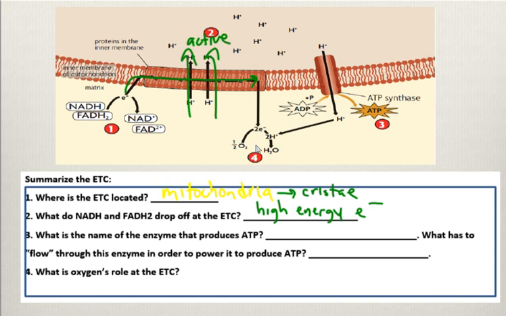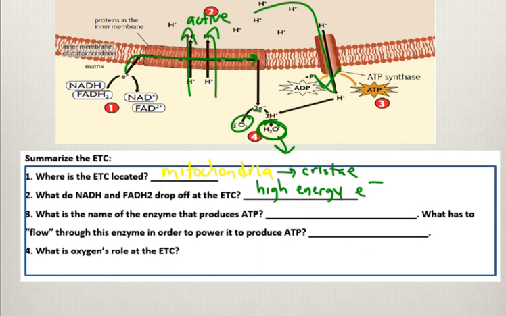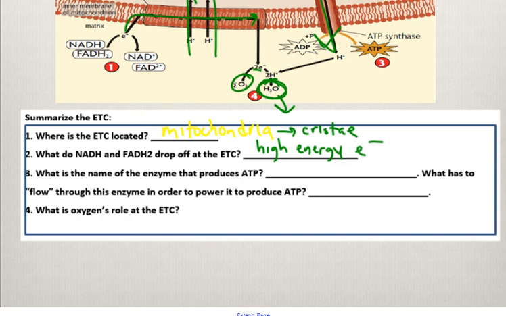Your electrons will then combine with oxygen as well as your hydrogen to form water. When water is formed, then your hydrogen ions will go through ATP synthase. That energy will be harnessed from the movement to create ATP.